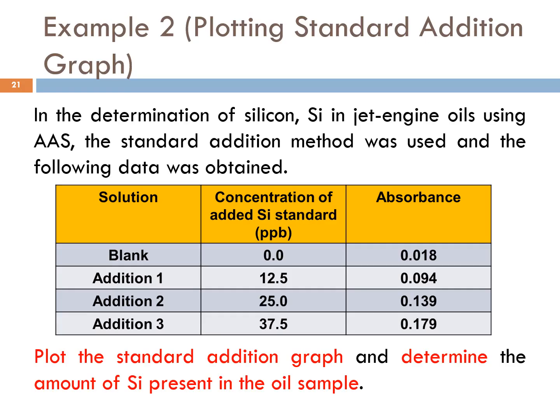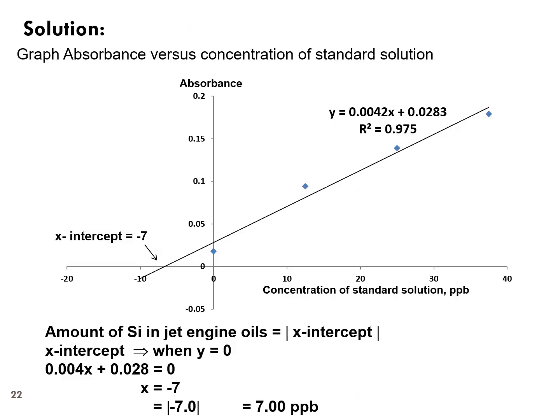Okay, tadi dekat x-axis dia bagi volume of standard. So sekarang dia dah bagi siap-siap concentration of the added standard and absorbent. So directly, tapi dia tak bagi the volume kan, the volume of the added standard, dia bagi terus concentration. Dia suruh cari the amount of the silicon present in the ore sample. So you can dapatkan directly lah by determining the x-intercept. X-intercept ni bila y is 0.